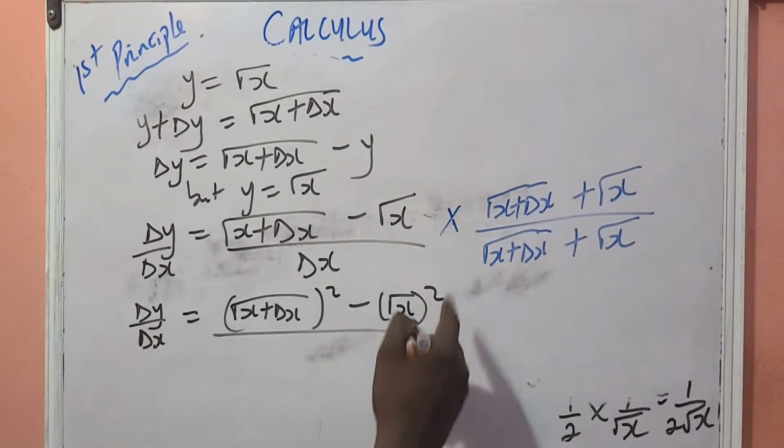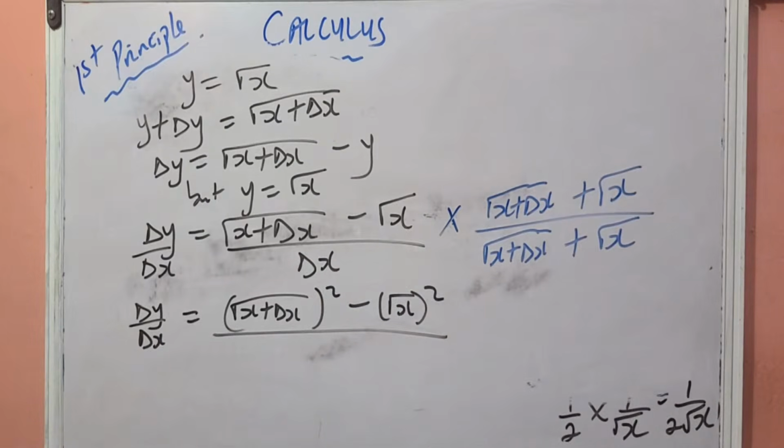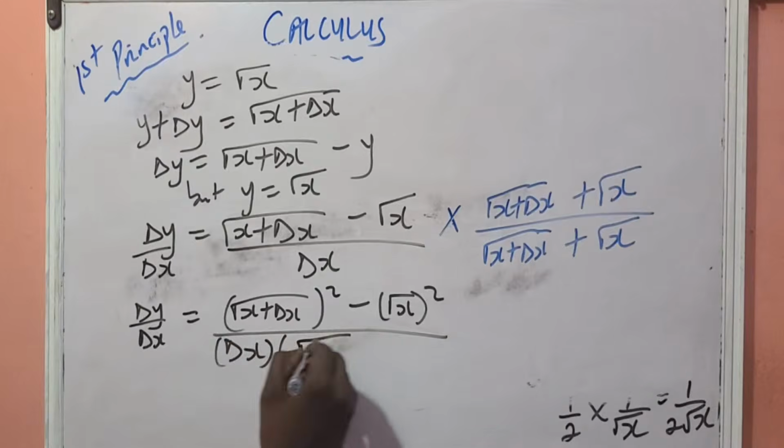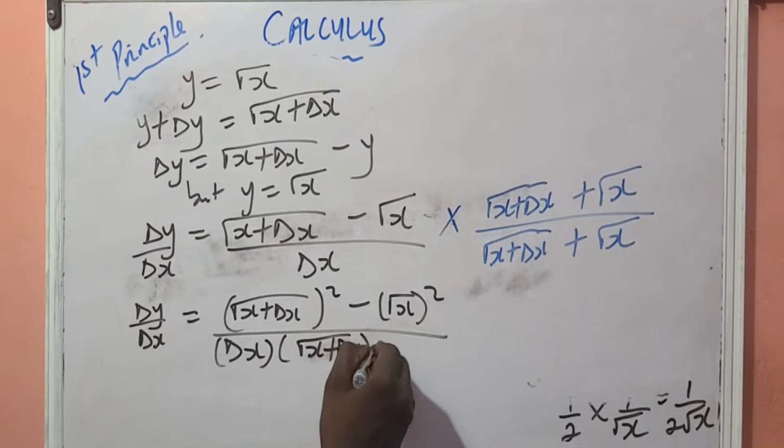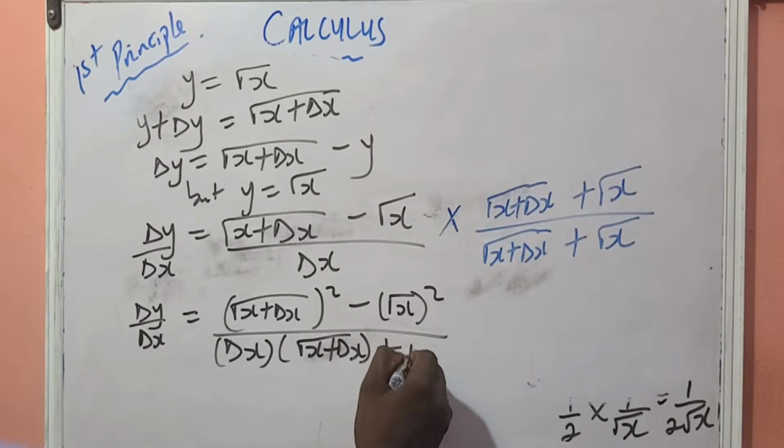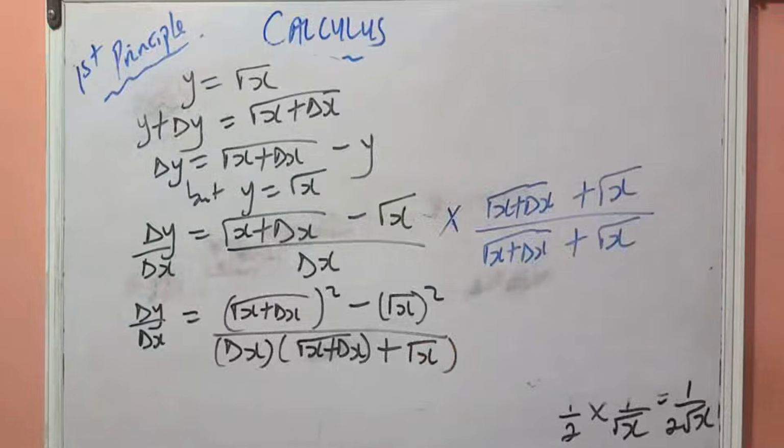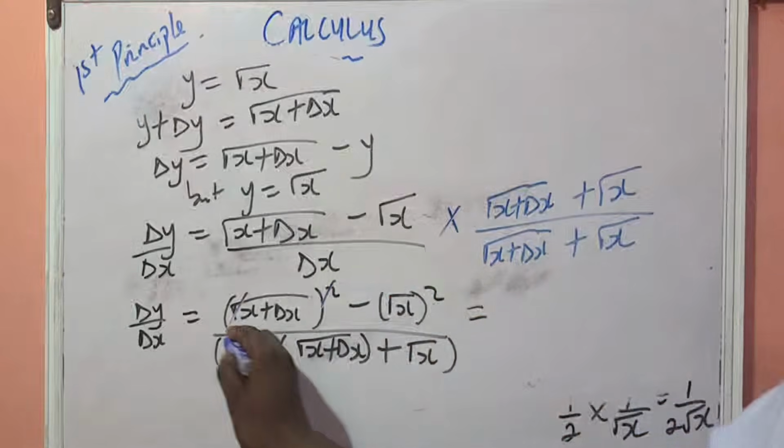And this will be over, now we multiply all these things together. And this would be change in x multiplied by x plus change in x plus change in x. All right. And this obviously is a good point for us to simplify our numerator by cancelling the square root.